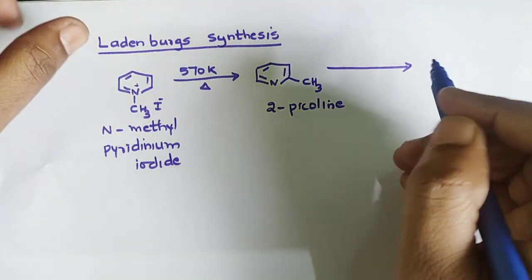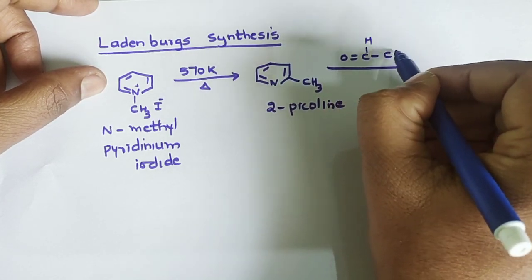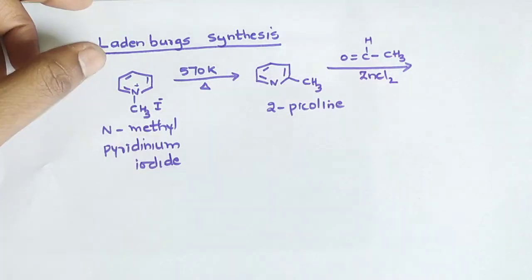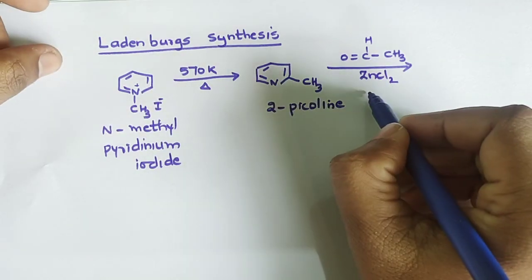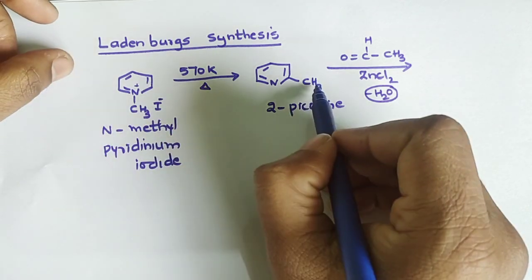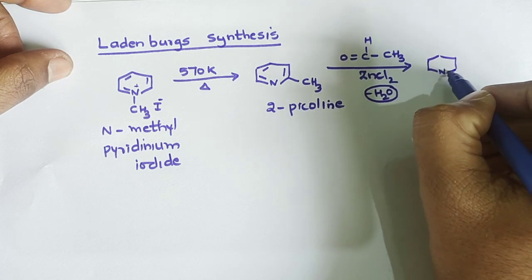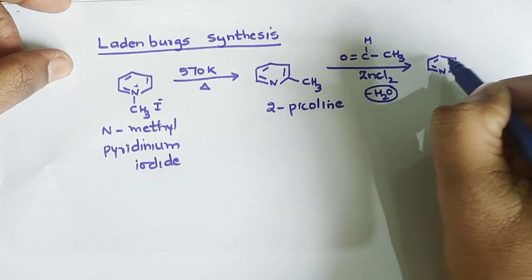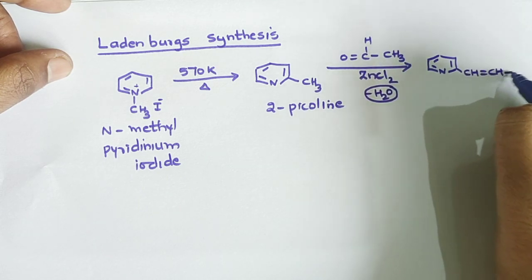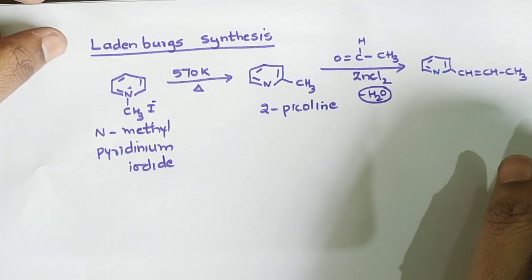This molecule, when treated with acetaldehyde, that is CH3CHO, in the presence of ZnCl2, undergoes loss of water, H2O, resulting in the formation of this molecule, 2-propenyl pyridine.